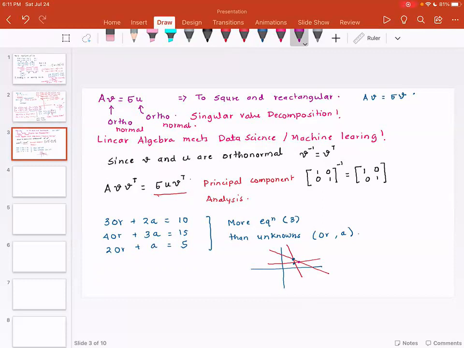So how do we solve this problem? What we want to do is find a point, sort of an optimal point, which is sort of equidistant from these 3 possible solutions. And that is called the least square solution.